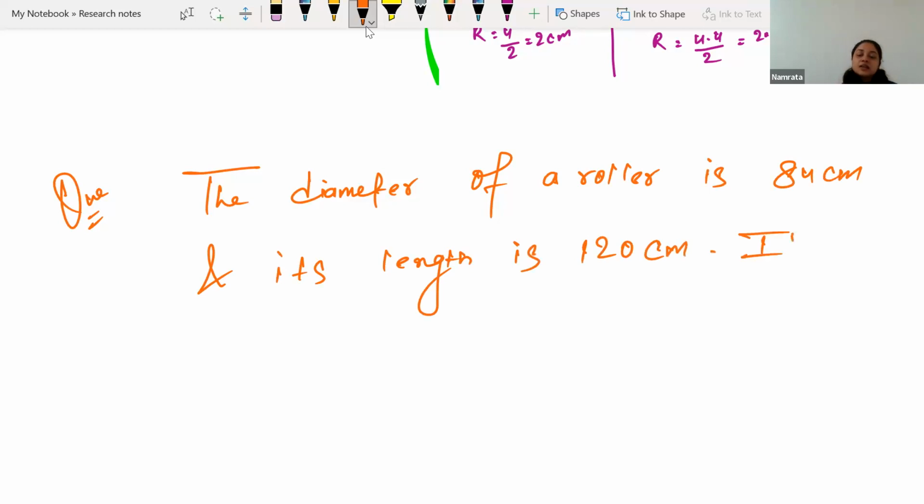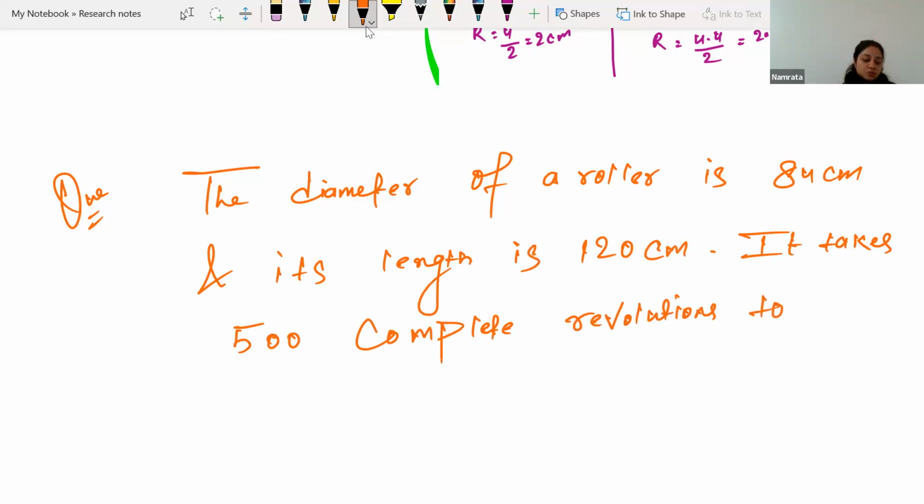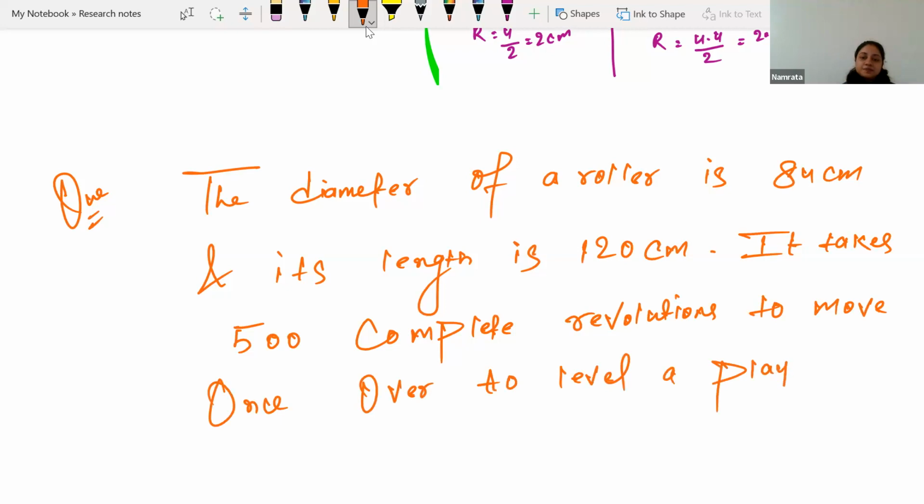It takes 500 complete revolutions to move once over to level a playground. Find the area of the playground.